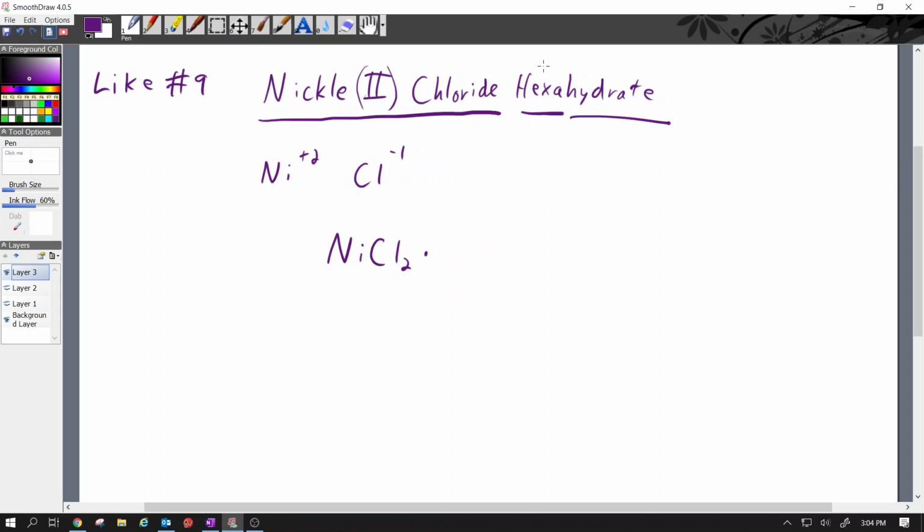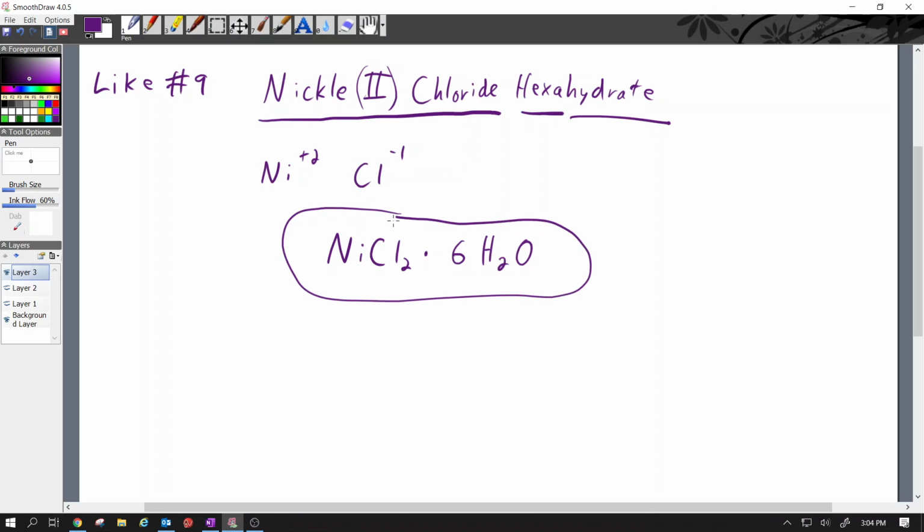And then hexa, what number does hexa represent? 6. And hydrate refers to molecules of water. And so nickel(II) chloride hexahydrate is written in terms of the molecular formula like this. And that tells you that for every formula unit of nickel(II) chloride, you would actually have 6 molecules of water trapped in the ionic lattice. Questions about that?